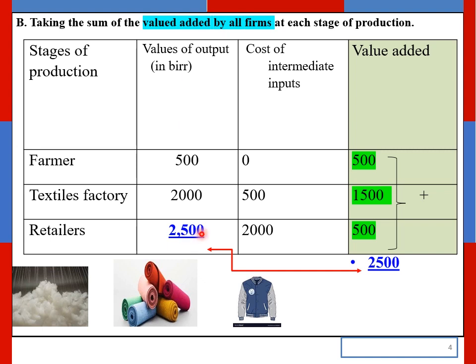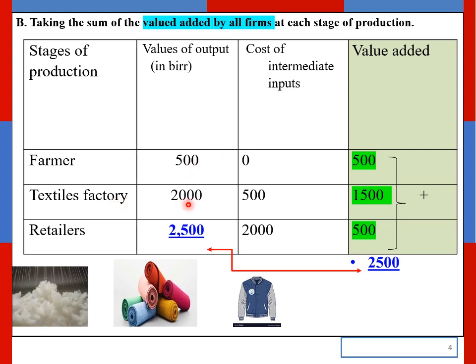Let's assume the cost of producing the cotton by the farmer is 0. Therefore, 500 minus 0 is 500. The cost of the cotton, or the payment that the textile factory made to the farmer, is 500.